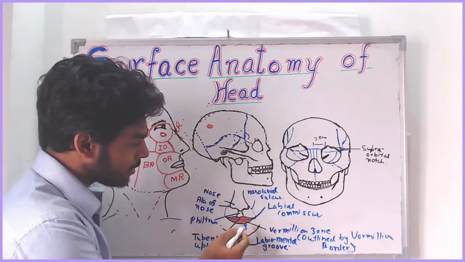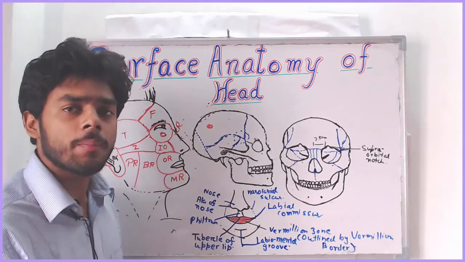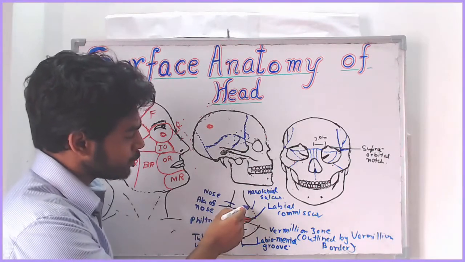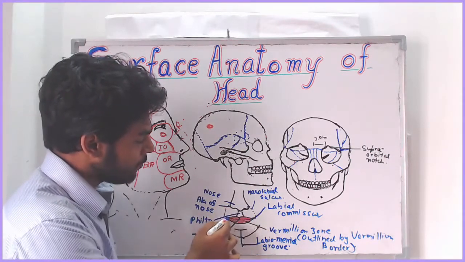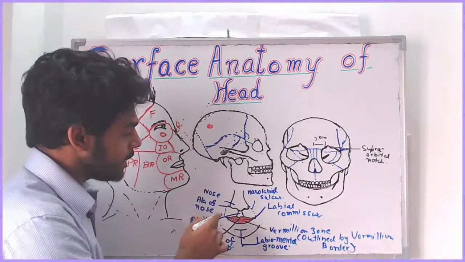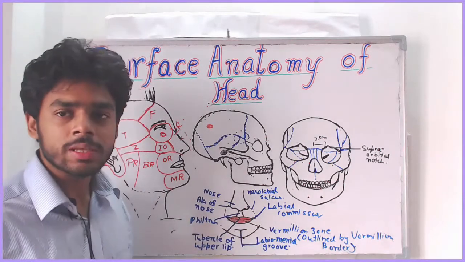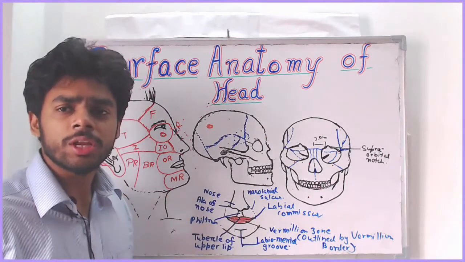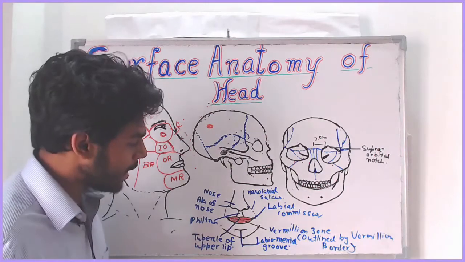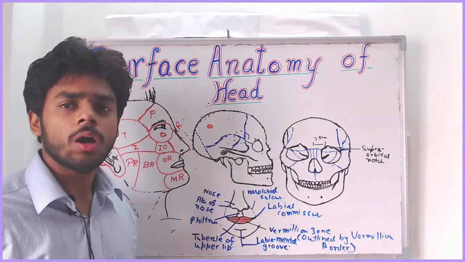The lateral portion where the upper and lower lip meet is called the labial commissure, and the grooves which join the ala of the nose and the labial commissure are called the nasolabial sulcus. This horizontal groove which separates the lower lip from the chin is known as the labiomental groove. Fine. This is the explanation of the oral region.